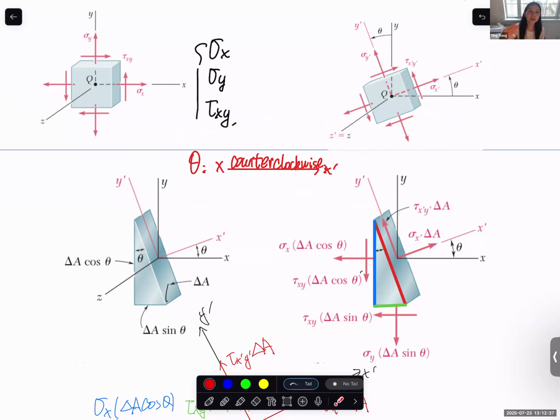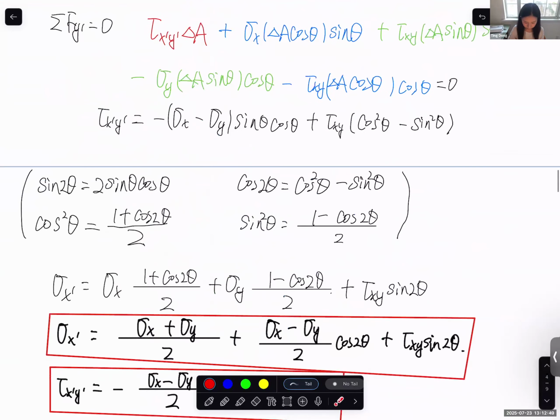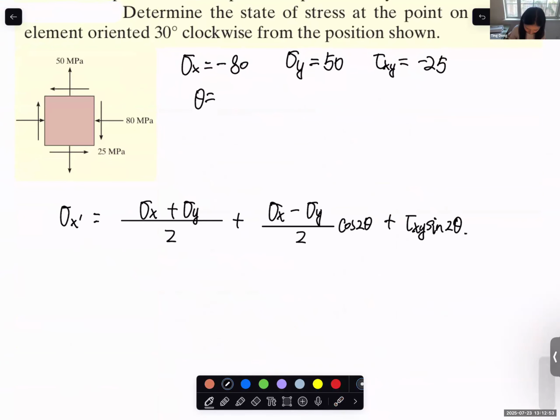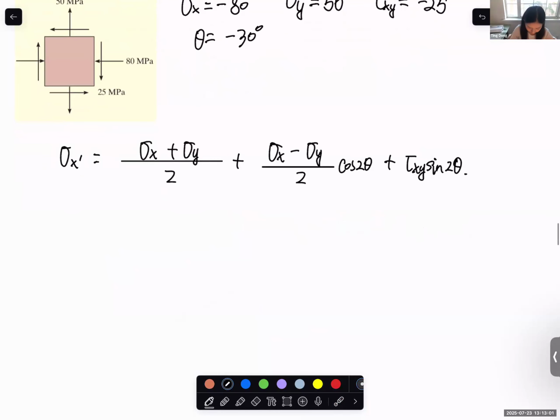Of course, you can derive your own set of equations based on clockwise, but then you cannot use the equations we derived in class. If you want to use those equations, always remember that theta should be counterclockwise. So let's put negative 30 degrees or 330.